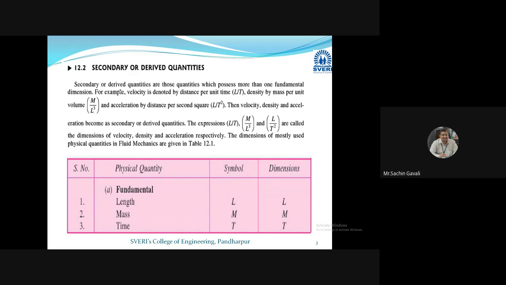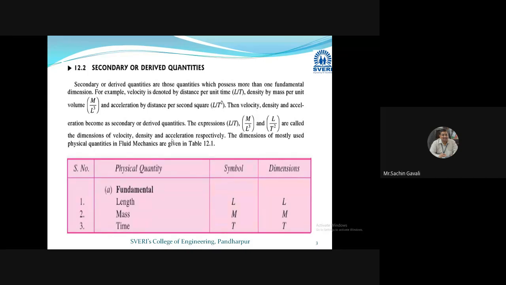Then we should know the fundamental dimensions in MLT form. Whatever secondary dimensions are there, we can convert into fundamental dimensions, that is, in terms of mass, in terms of length, and in terms of time.